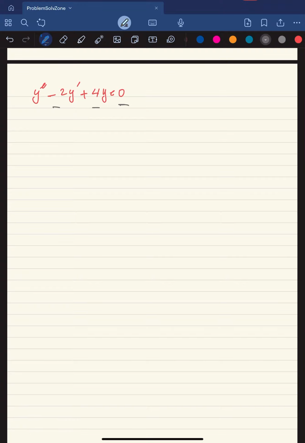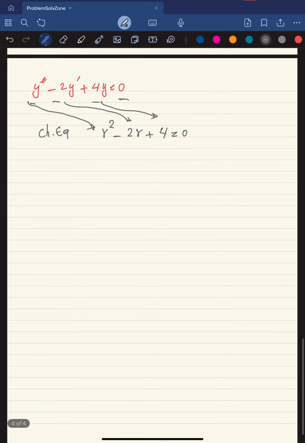It's homogeneous and all constant, so the characteristic equation would be 2r squared minus 2r plus 4 equals 0. The coefficient of our y double prime is the coefficient of r squared, which is 2.